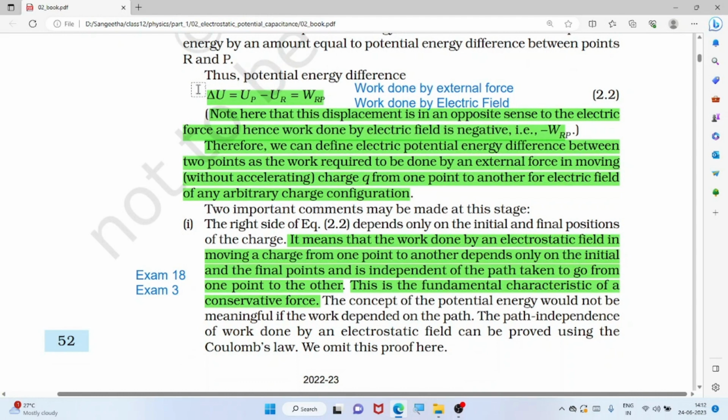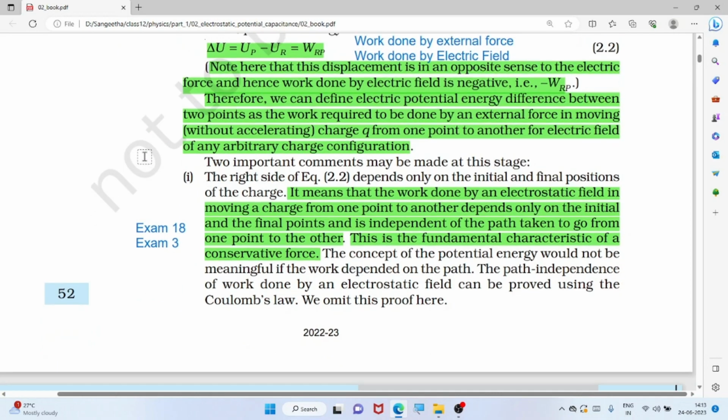So this is the work done from point R to P. Here you see the work done by the external force. This work done by the electric field is the negative of the work done by the external force.